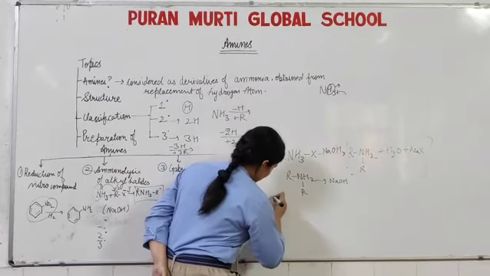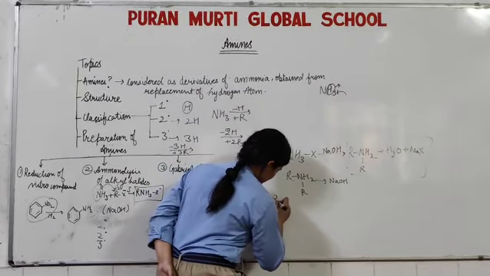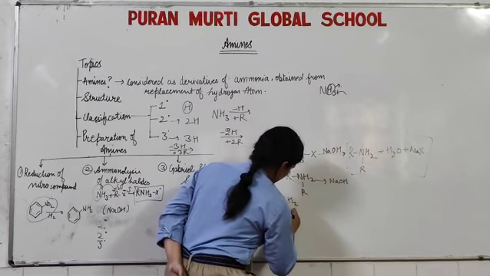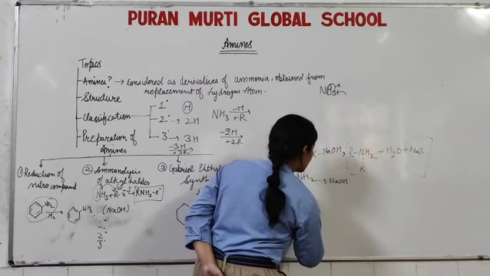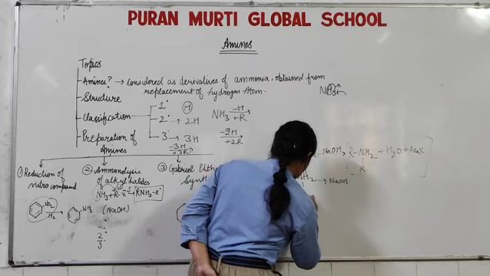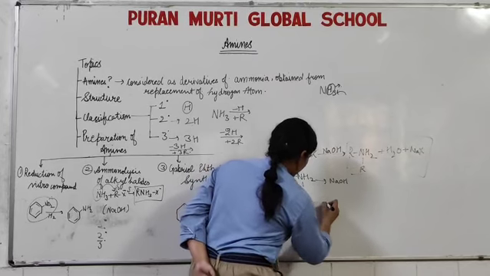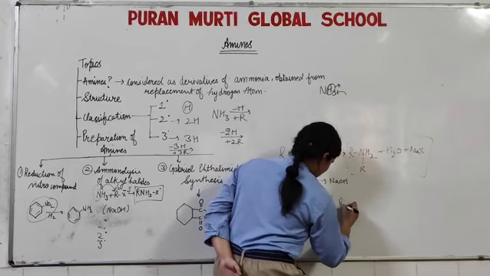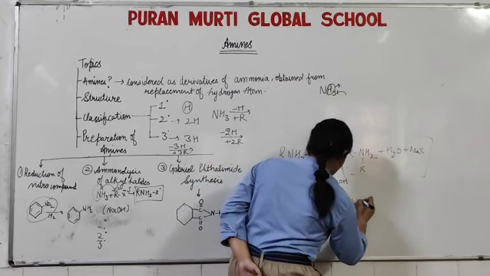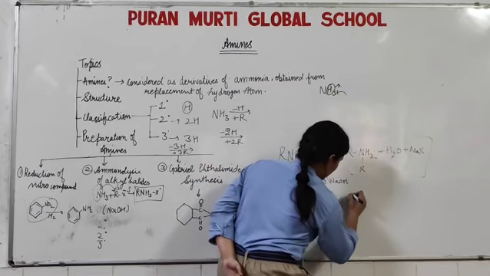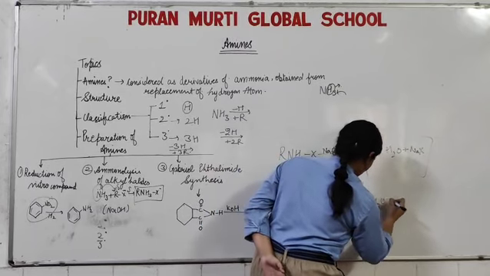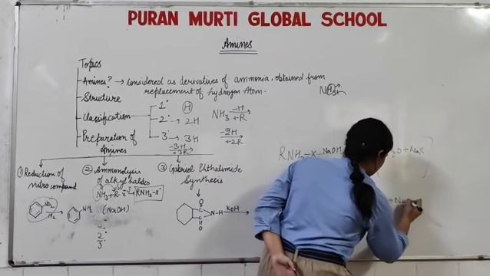So we will obtain RNH2R and X, and when we give NaOH, we will obtain NHR with one more R plus H2O plus NaX.